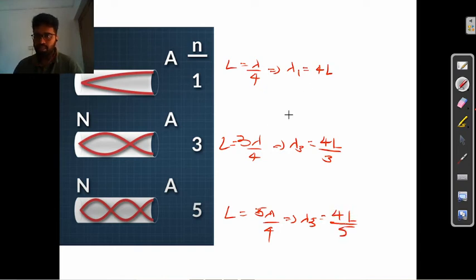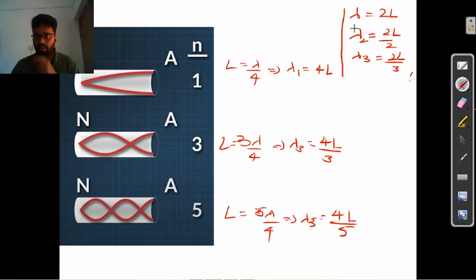So if we see, the wavelengths are changing, but it is not changing regularly. In the previous case, lambda is decreasing in the order 2L, lambda 2 is equal to 2L by 2, lambda 3 is equal to 2L by 3 and so on. But here wavelength is changing from 4L to 4L by 3 and 4L by 3 to 4L by 5.